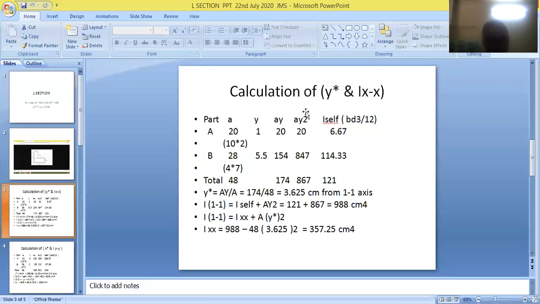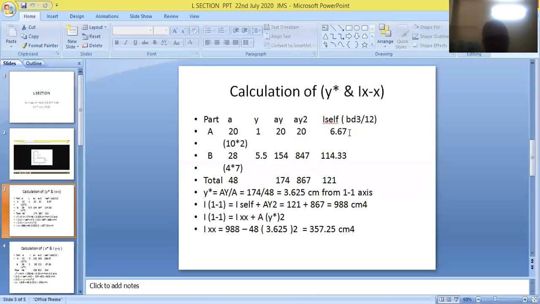So the last but one column is used for indicating the AY square values of all the components. And finally, the last column is used for writing down the I self values of the various components.